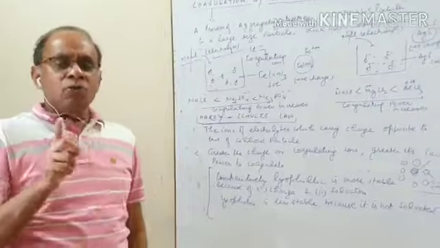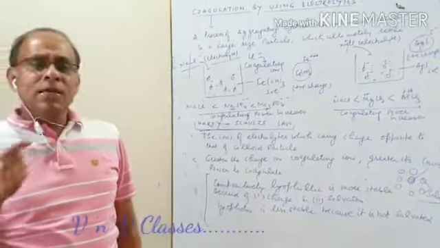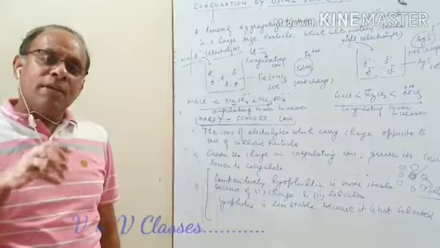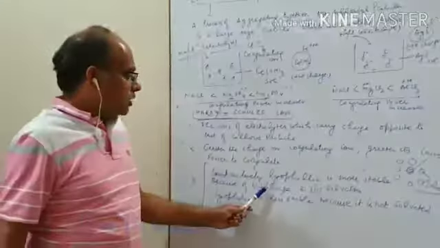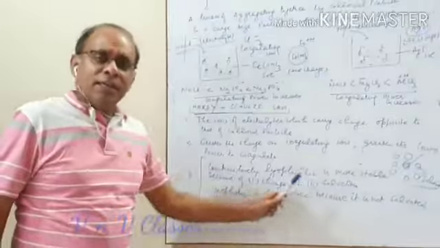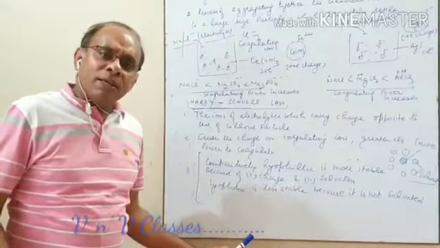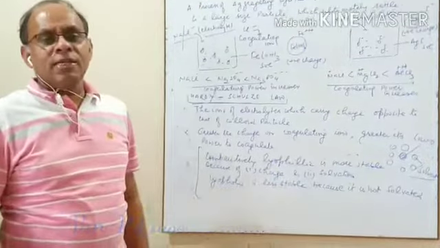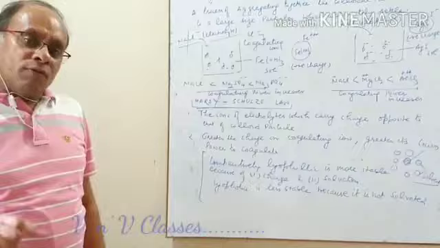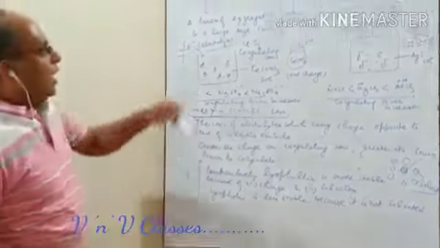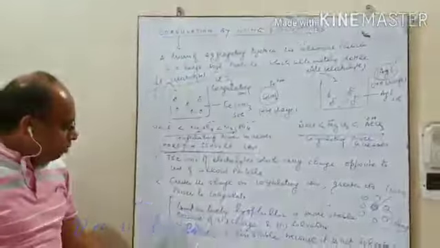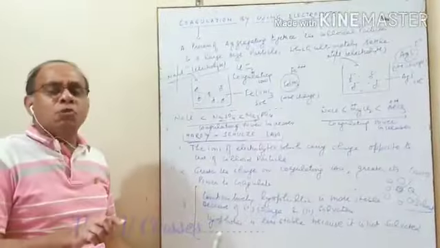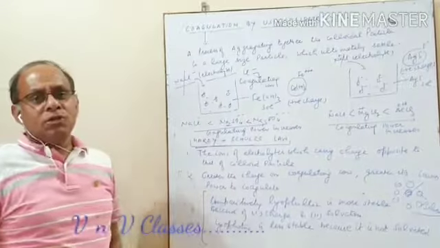So remember, out of lyophilic and lyophobic, lyophilic is more stable. If anybody asks why, you can say because it has charge and is solvated, and lyophobic is comparatively less stable because it is not solvated, it has only charge. So what does it mean? When you add electrolyte, lyophobic sol will get coagulated more easily than lyophilic sol.